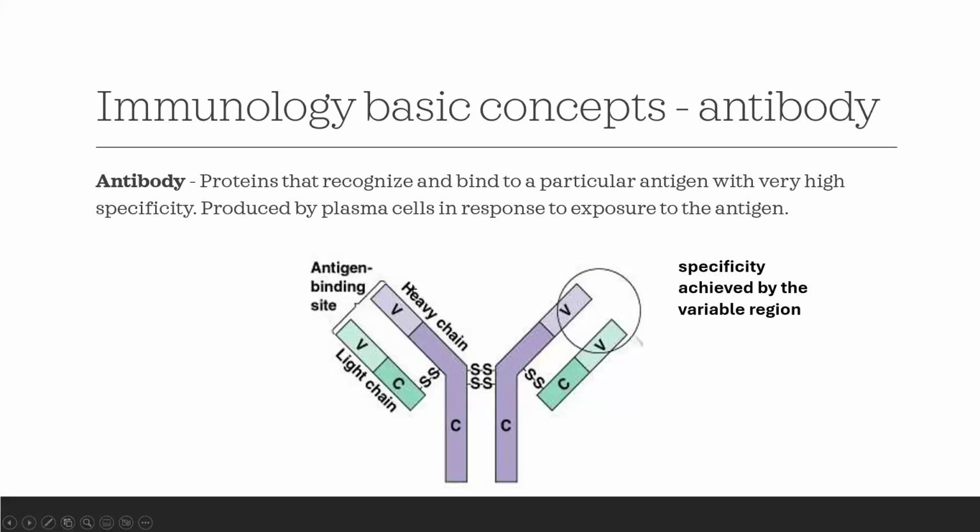So the antigen binding sites are here, in the V region. So the specificity is achieved by the variable region, the V region. So the antibody is produced by the plasma cells in response to the exposure to the certain antigen.